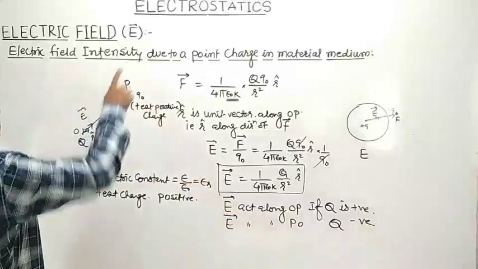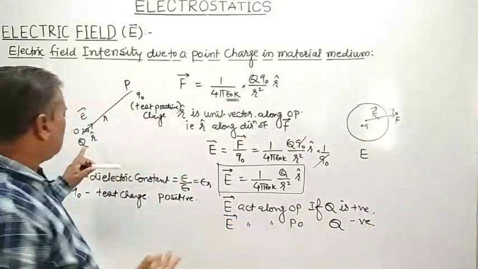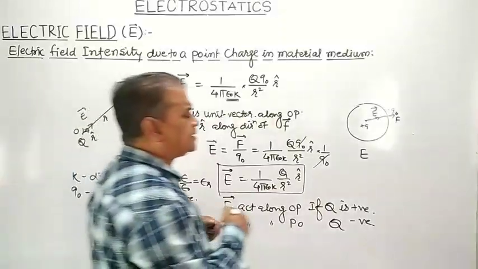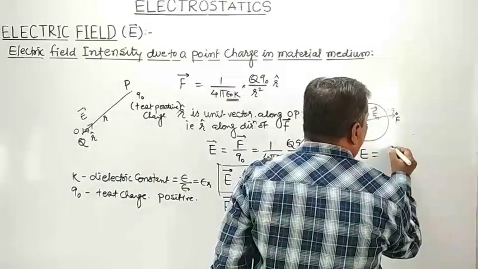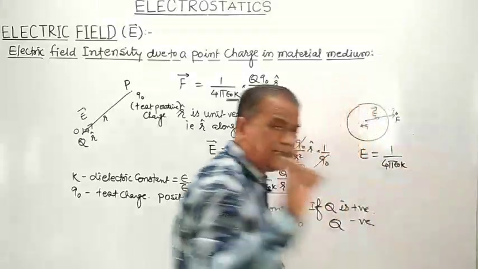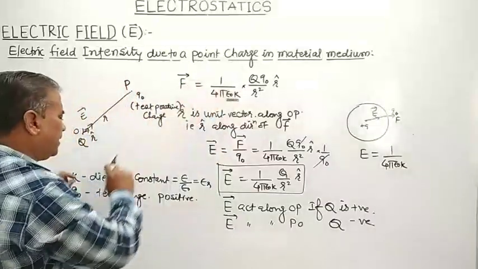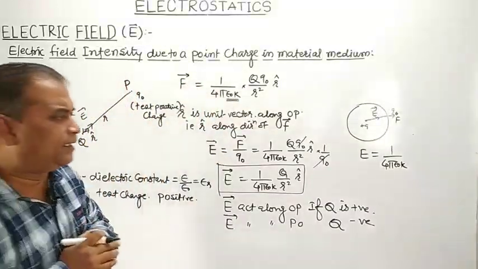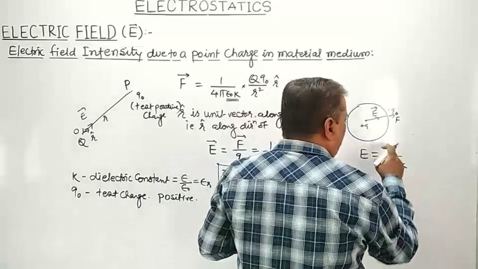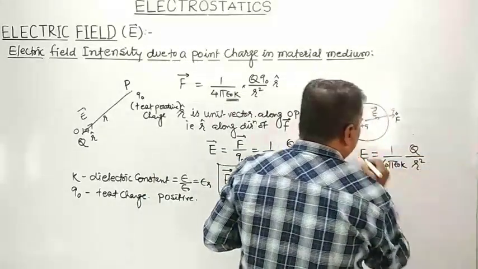In general, the magnitude of electric field due to charge Q at a distance r from it, when that point charge is kept in a material medium of dielectric constant K, is E equal to 1 upon 4 pi epsilon 0 K, Q divided by r square.